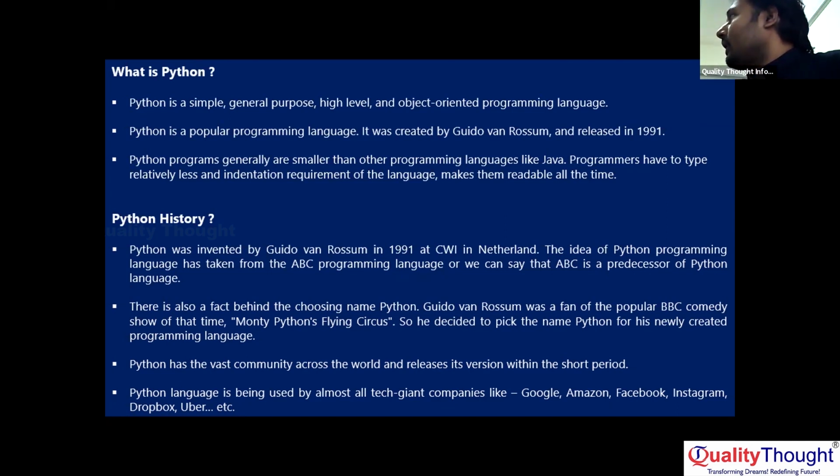If you can see over here in my slide, it's BBC's Monty Python's Flying Circus. There is a character known as Python. And previously, the Python programming language used to be named ABC language. ABC language was removed and replaced with the name Python programming language.